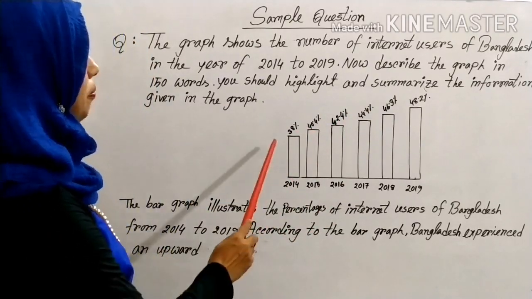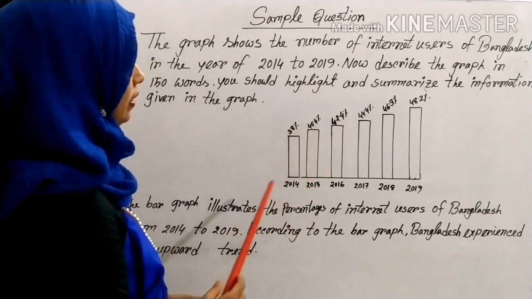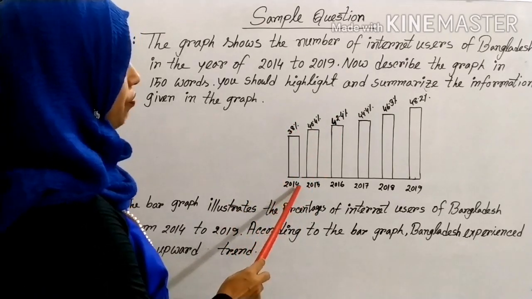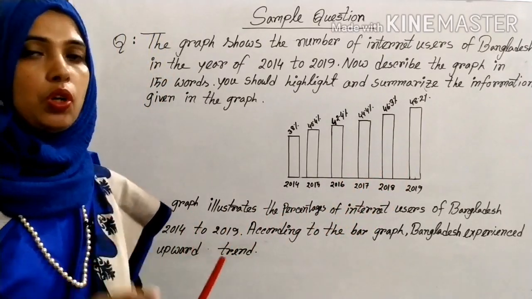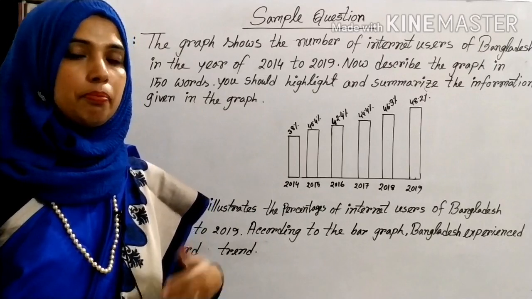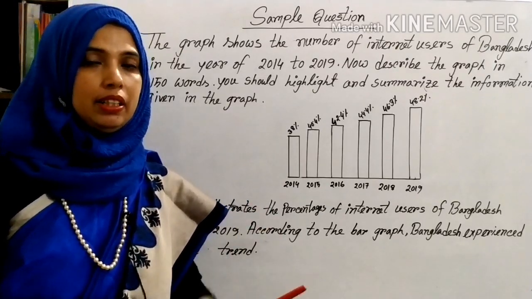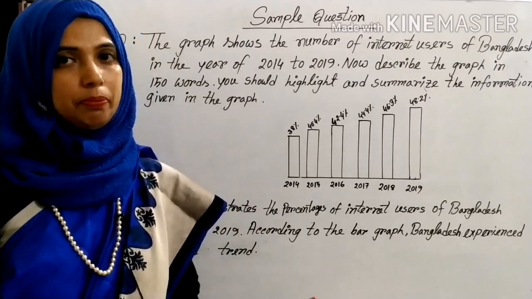So by seeing the percentages and the years from 2014 to 2019, you have to describe the whole graph into 3 paras by maintaining an introductory para, a descriptive para and a concluding para.